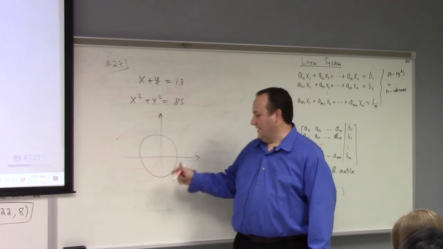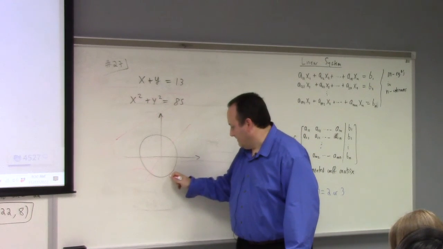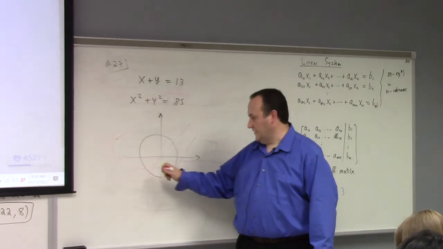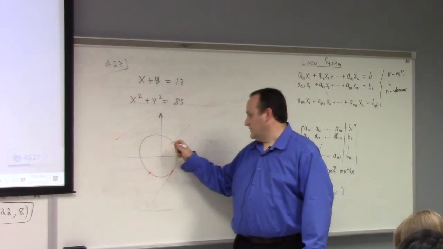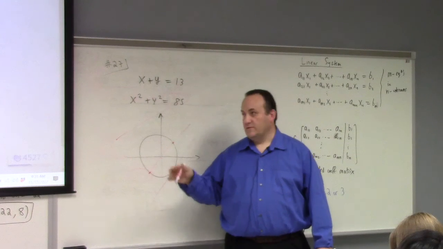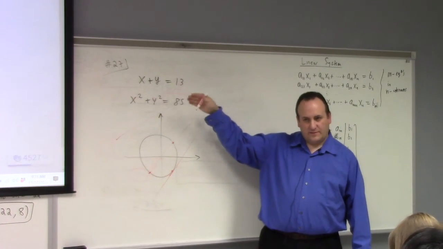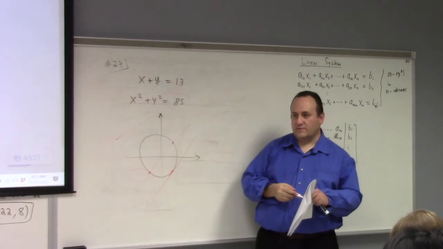Either it's going to intersect it. Well, I guess there's the other thing. It could be tangent, right? So if you think about it, the line either intersects the circle at 1 point, at 2 points, or no points, right? So if I have a system of equations like this, I can geometrically expect there to be either no, 1, or 2 solutions.